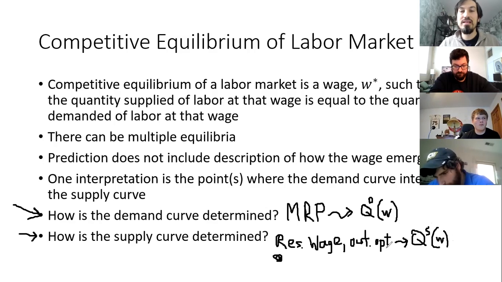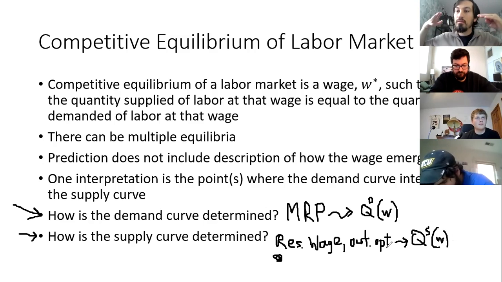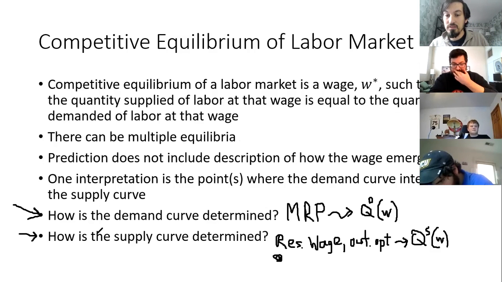So I've just boiled down the entire semester of labor economics into this one little chart, and this is what economists believe the market pushes us toward: the competitive equilibrium, which is the point where the supply curve crosses the demand curve. And those supply curves and demand curves are determined in this way that I've described.